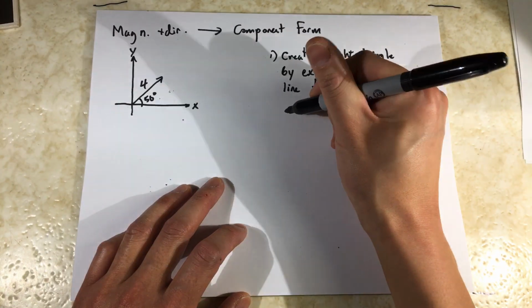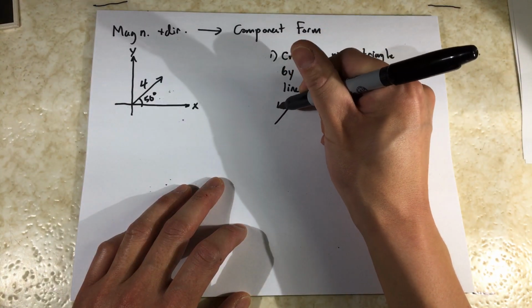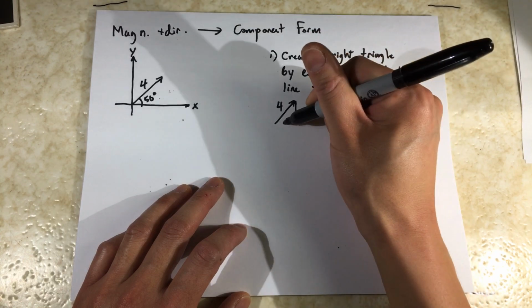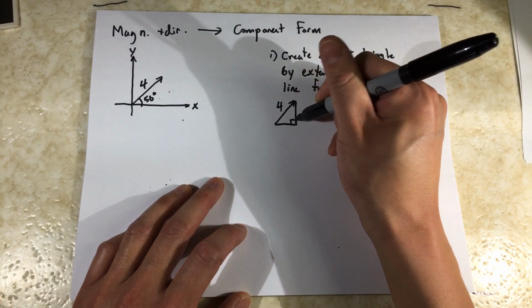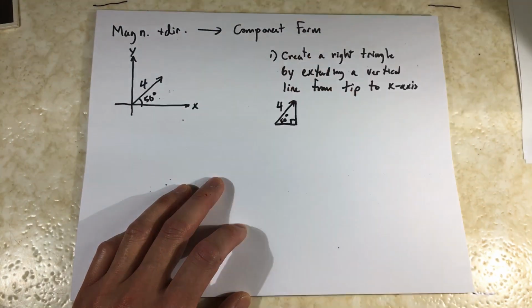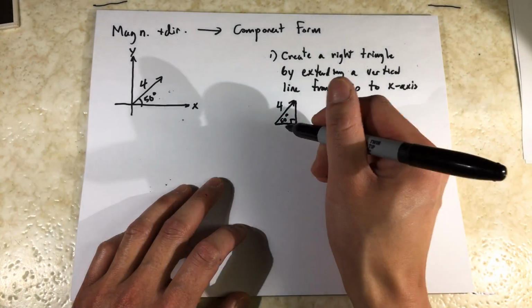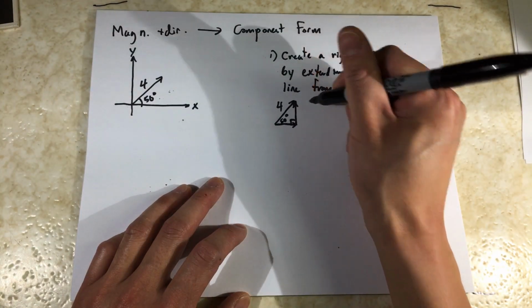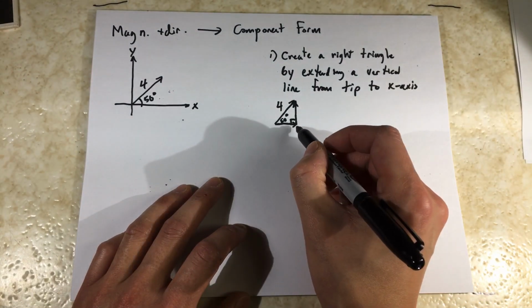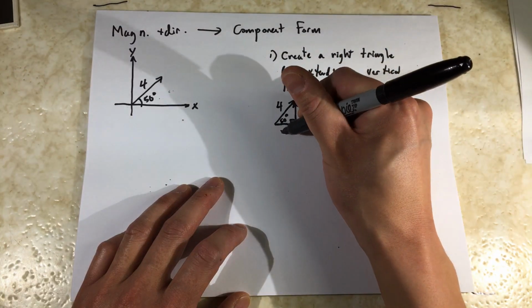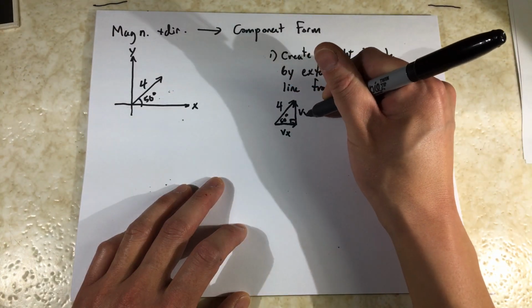So you have your vector like this, and you take the tip and extend a line downward, and the other side is where you create a right triangle with the x-axis. Sometimes it's also good to draw arrows to show that you're going right and then upward to create that vector. So this side would be Vx, and this side would be Vy.